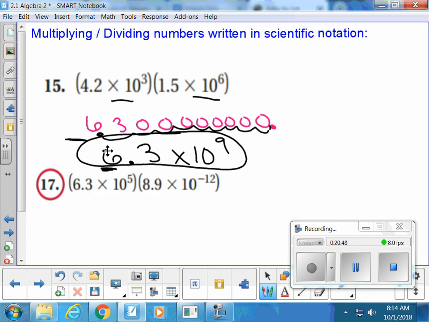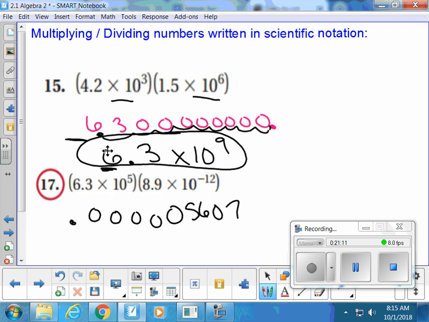6.3 times 10 to the 5th multiplied by 8.9 times 10 to the negative 12th. On my calculator screen, I'm seeing 0.0000, five zeros, and then 5607.